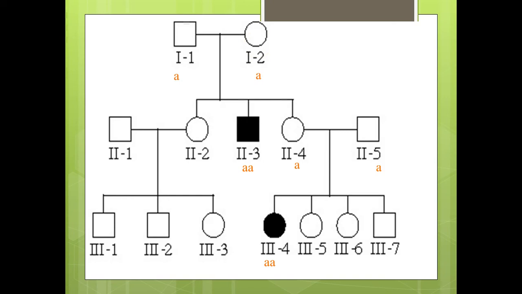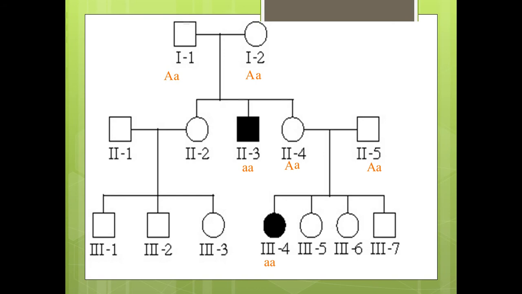However, we also know that their parents do not show the trait. So their parents show the dominant trait, which means the other allele that the parents possess must be a dominant allele, which would be represented with a capital letter. That's what we can tell for certain.